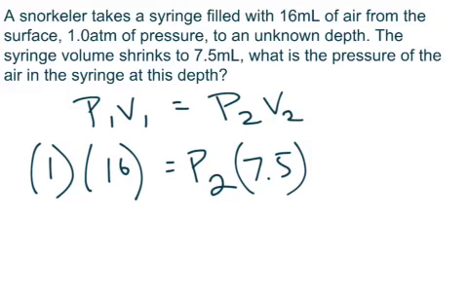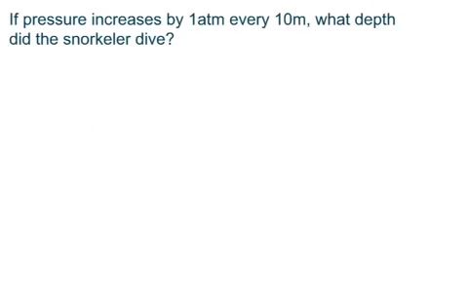So we're going to multiply and divide and solve for P2. So our milliliters cancel out and we are left with 2.1 atmospheres of pressure. There was a secondary part to this question in the book that asked if the pressure increases by 1 atmosphere for every 10 meters, what depth did he dive to?